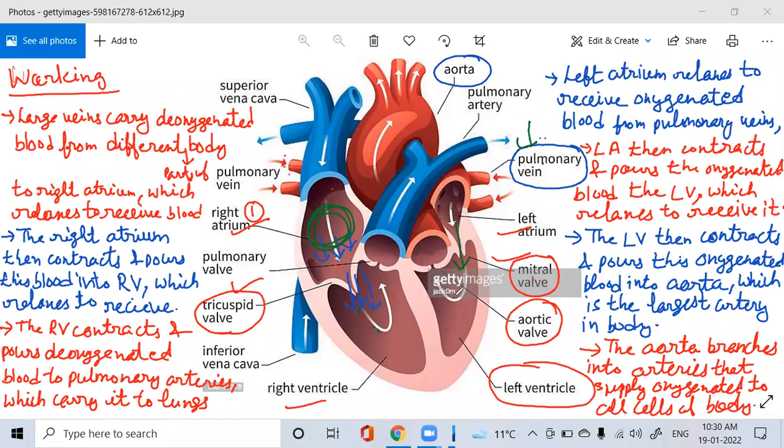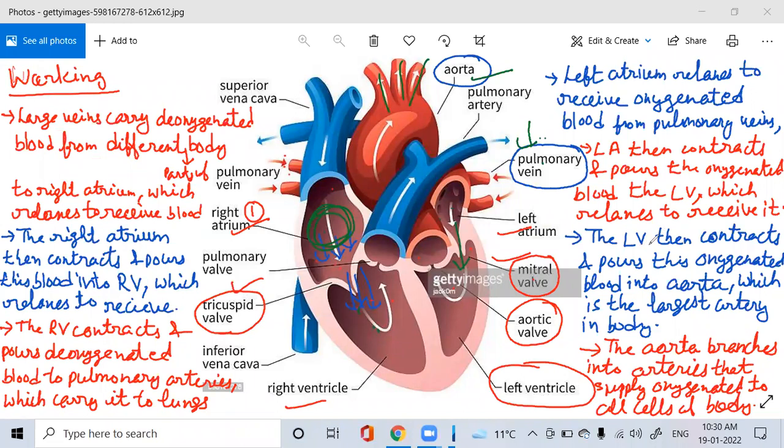When it contracts, it will pass that blood to the aorta, which is the largest artery in the body. And then this aorta, you can see this is the aorta, full one, and now it's spreading into branches. So these branches will transport that blood to all the body cells, right?